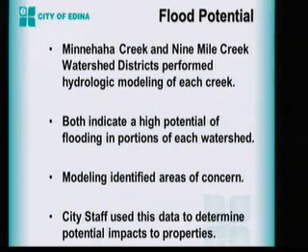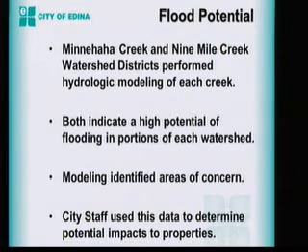And they also look at essentially a 10-day melt period, and then they tack onto that a typical 2.4 inch rainfall event, which is a pretty large rainfall event, but that has occurred in late March, early April. So we're looking at the worst case scenarios, or one of the worst cases. Both of the watershed districts, not only the Minnehaha Creek, but also 9 Mile, have a good potential for flooding in both of those portions.